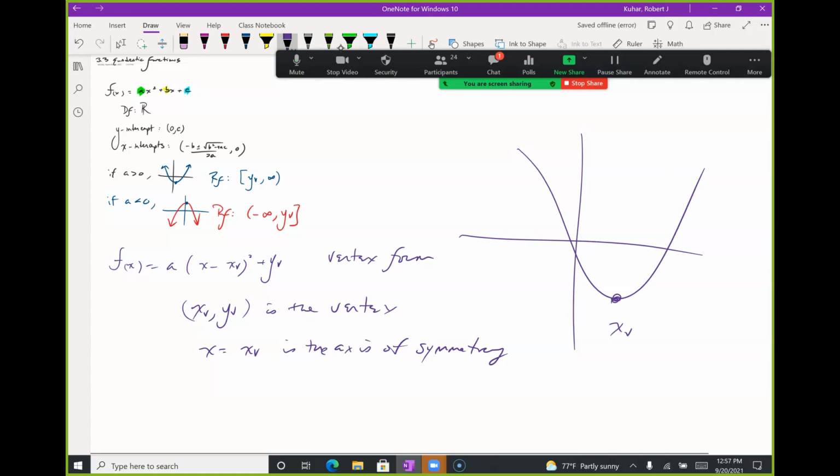It's the x coordinate of the vertex and the y coordinate of the vertex. It's just my notation. Some books will use h, k. So if I can find that point, I know the x value of the vertex and the y value of the vertex. Okay, thank you.